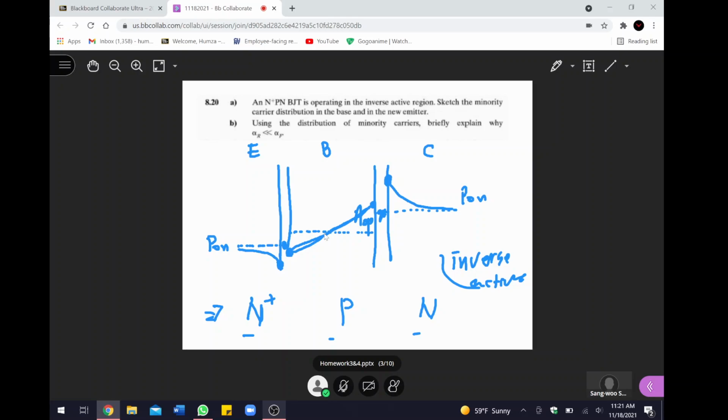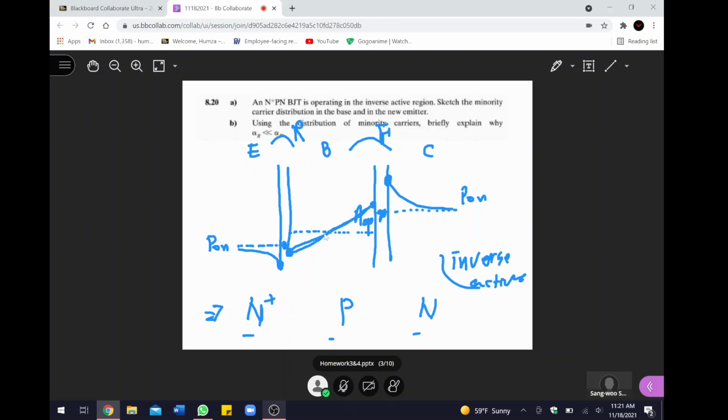Professor, in the inverse active region, are both the EB and BC in reverse bias, and the minority carriers drop in all three sections? EB is reverse bias, BC is forward bias. Oh, it's in forward bias. Okay. And in which region does the minority carrier concentration increase?